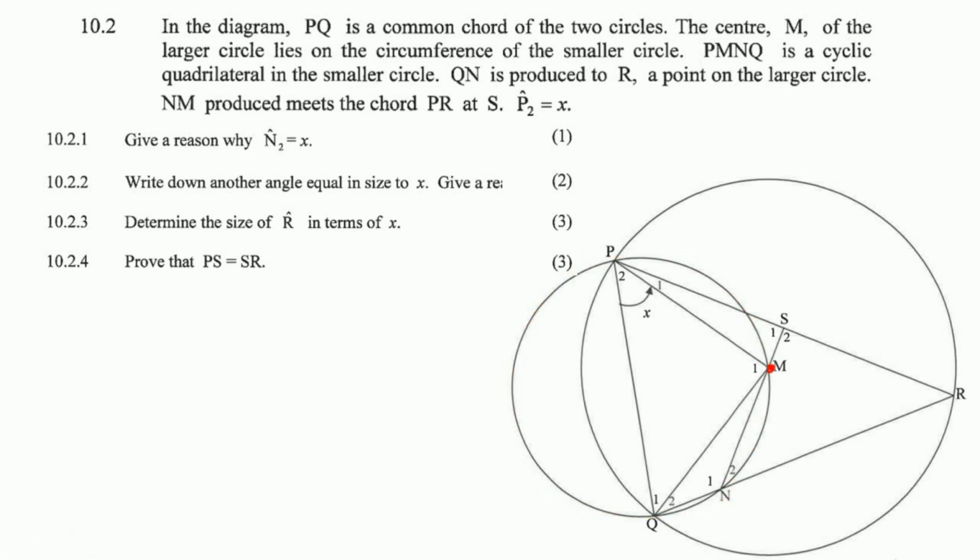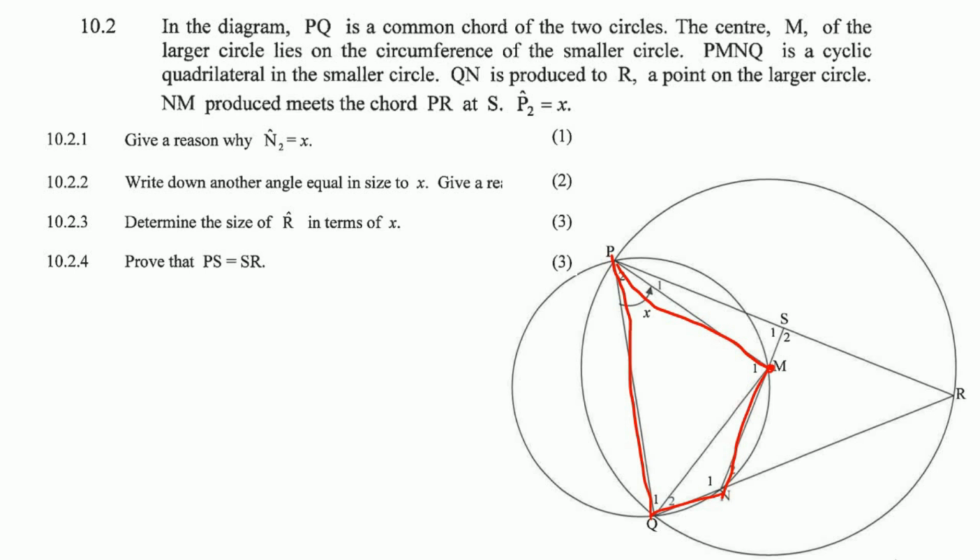PMNQ is a cyclic quad in the smaller circle. That's obvious because it has 4 sides, and they're all touching the edges of that small circle. QN is produced to point R.